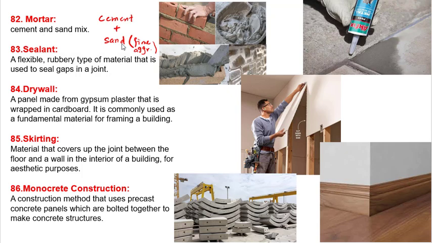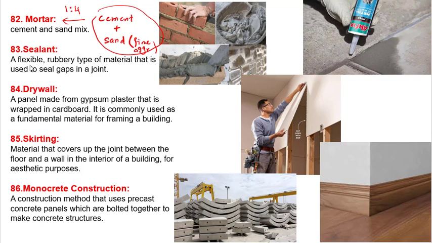So when you combine cement and fine aggregate, the product you will get is known as mortar. Like you can see in this image, for binding the bricks together we use mortar. Obviously we use its ratio most of the time 1:4, and the sealant is the next term.